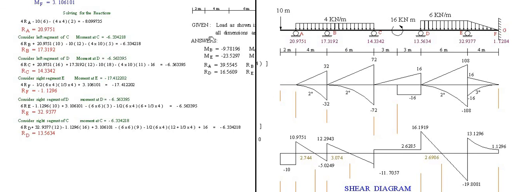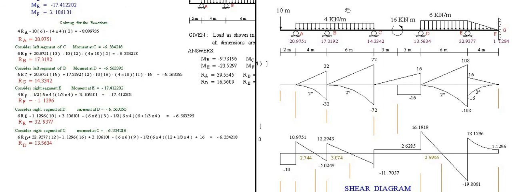That concludes the solution of our problem for this beam. We have solved the 5 moments, then 6 reactions. I hope you understand, because this is good for you to make a design.